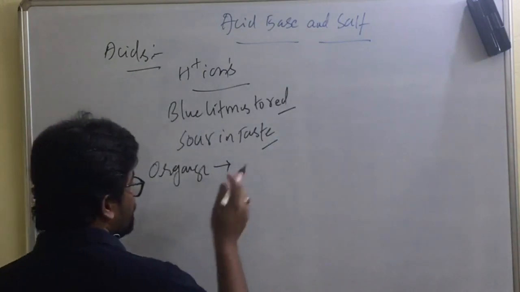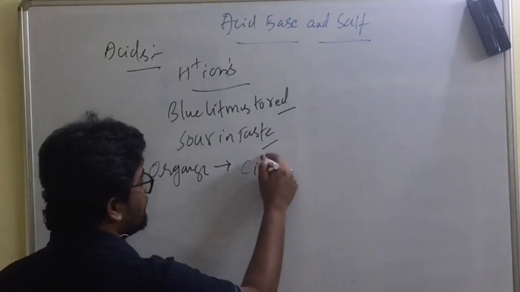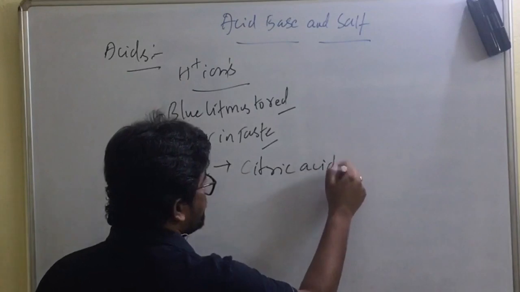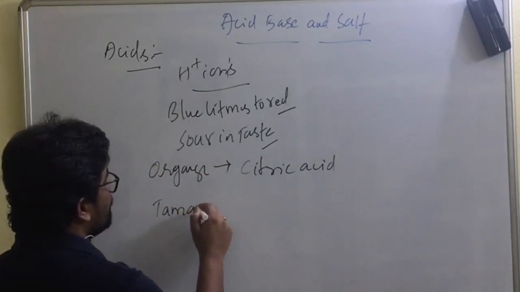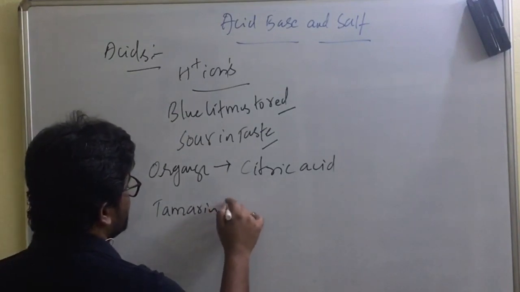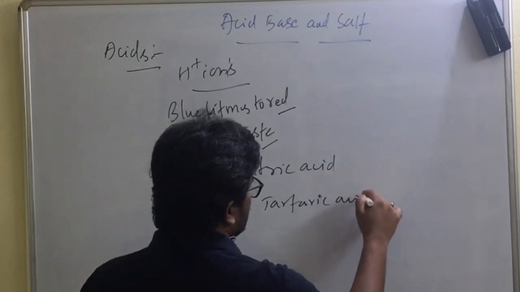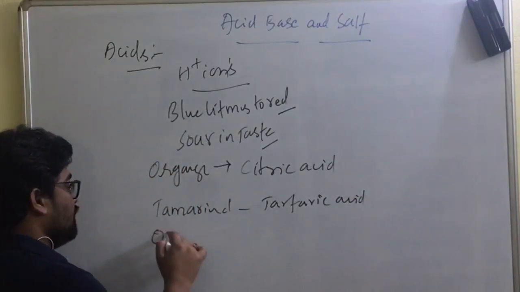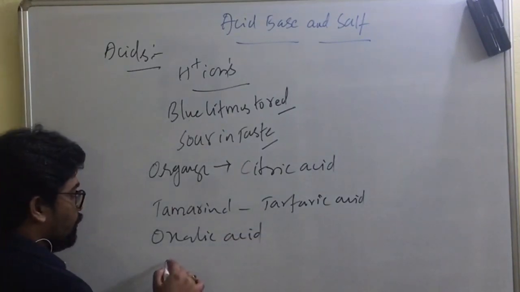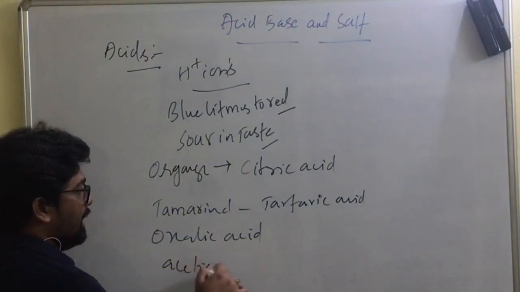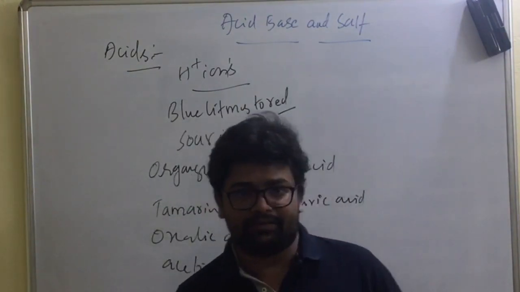The acid present in oranges is citric acid. You can find citric acid in lemon also, right? The acid present in tamarind is tartaric acid. You find oxalic acid in tomatoes, and you find acetic acid in vinegar. So these are some of the acids which we find in our daily life.